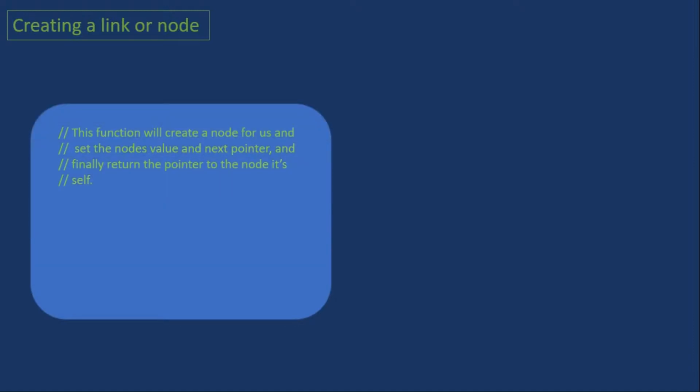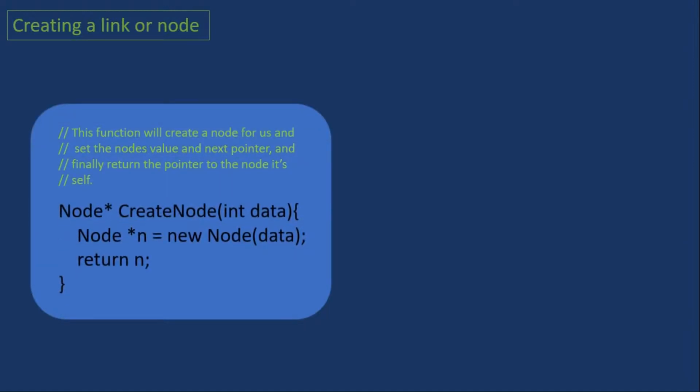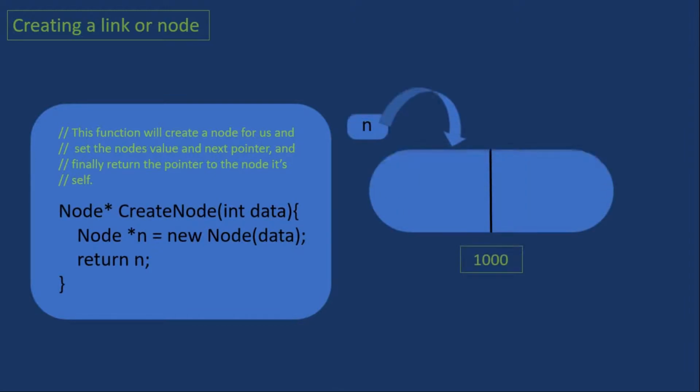We will create a function that will create nodes for us and return the pointer to the node itself where it is stored in memory. So the function has a node pointer return type, that is node star. Create node is the name of the function, and it takes in an integer data, which will be the data we want to store, and then create a pointer n, which will hold the location returned by the new keyword when it allocates memory for the node with the data we want to store.